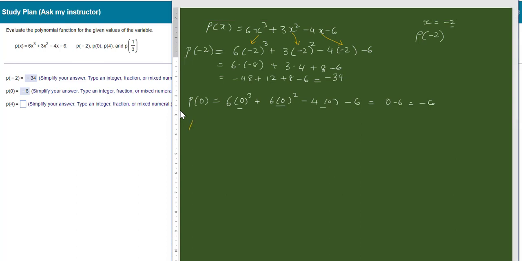Now if we are looking for p(4), it is the value of p when x is 4. Again, same thing, you're substituting x with 4. Now this calculation will be bigger than the first question.